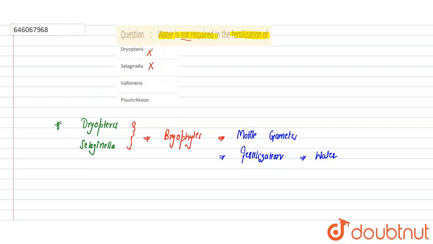Next we have Vallisneria. Vallisneria is a submerged hydrophyte. In this hydrophyte, the pollen is released into the water.